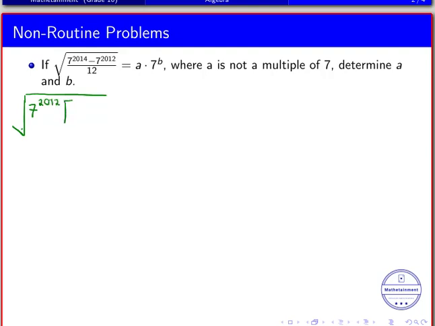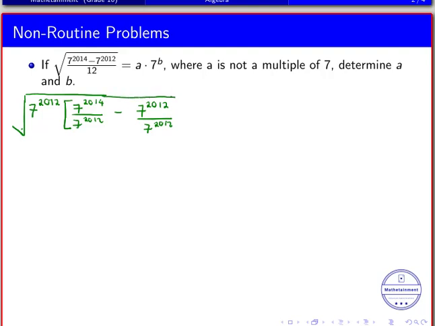You may remember from our previous lessons, whenever you take out a common factor in an expression, to find what remains inside the bracket, you divide each term of the expression by the common factor that you took out. So here we are going to have 7 to exponent 2014 divided by 7 to exponent 2012, minus 7 to exponent 2012 divided by 7 to exponent 2012.